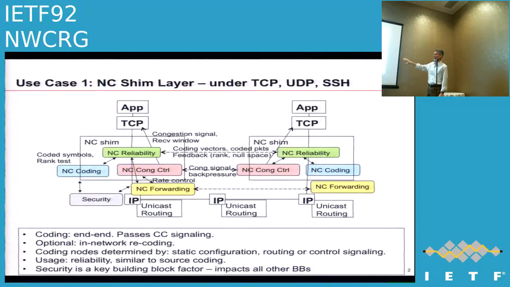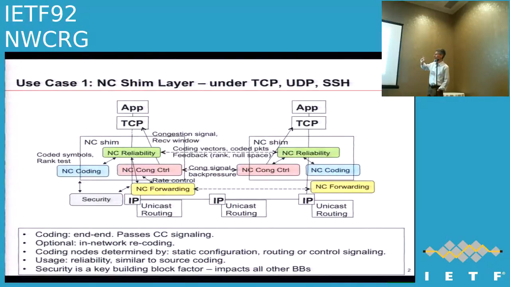I'm not going to talk about these two slides, this and the next. This is a slightly updated copy of a couple of the use cases I showed and we discussed last time. The point I want to make is that although these two use cases are quite different, this first use case is a shim layer, not a transport layer, end-to-end, not network hop by hop.